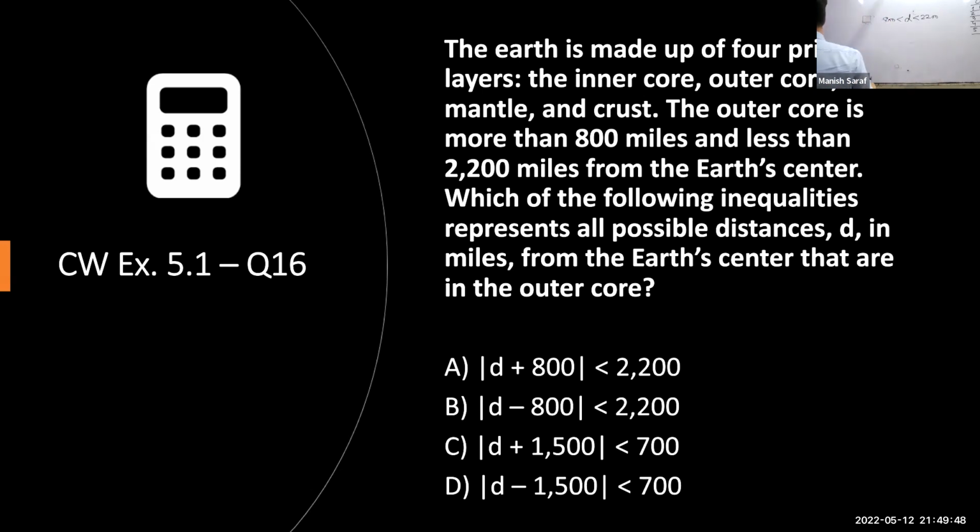What is option B? Mod of d minus 800 is less than 2200. Sure. Divide this space. So d minus 800 is less than 2200 or d is less than 3000. Now this is creating a problem because if d is less than 3000, that means d can be 2500 also.